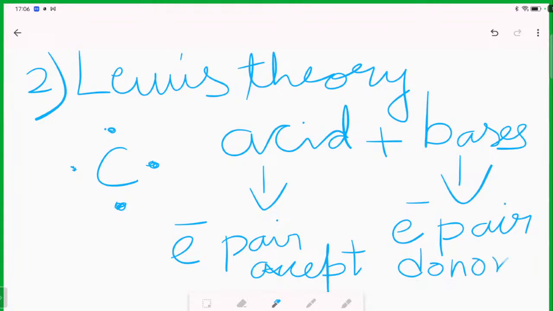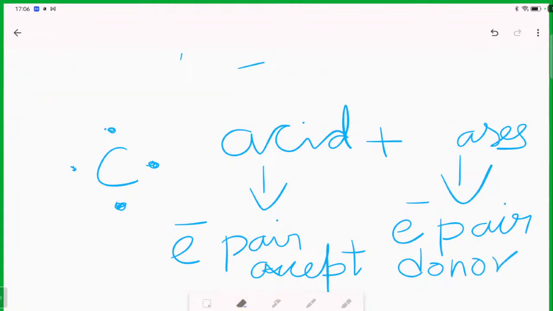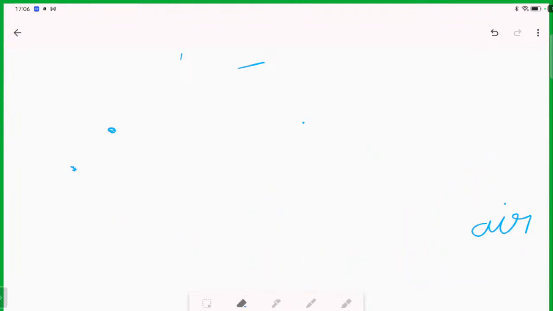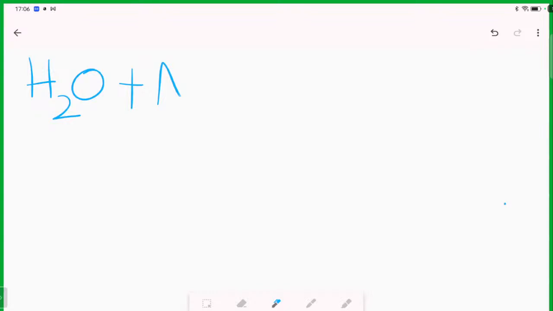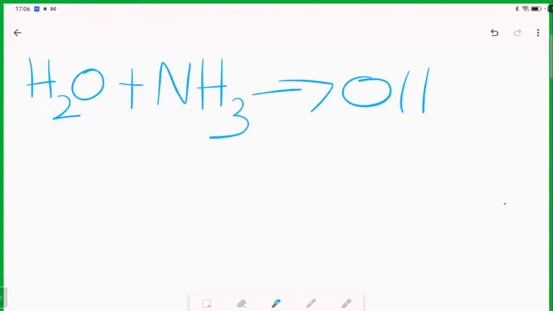So to understand this, we will take an example. We know H2O plus NH3. We know this reaction, right? क्या रिएक्शन होता है इसका? We'll get OH minus और NH4 plus. So अगर इस रिएक्शन को हम गौर से देखते हैं, फॉर एग्जाम्पल H2O का कॉम्पोजिशन क्या है?